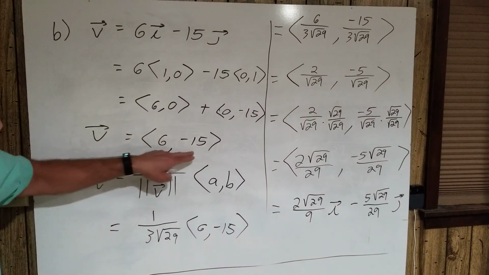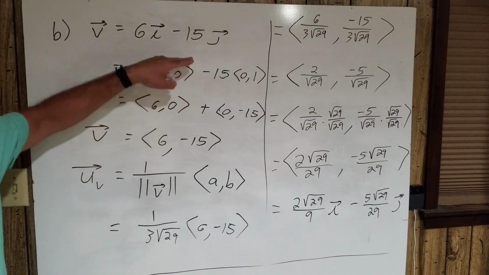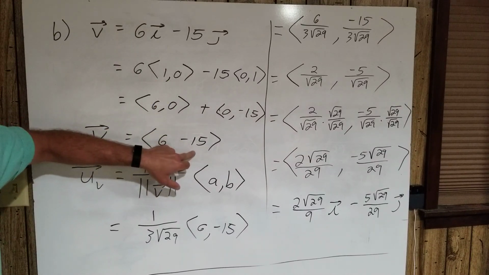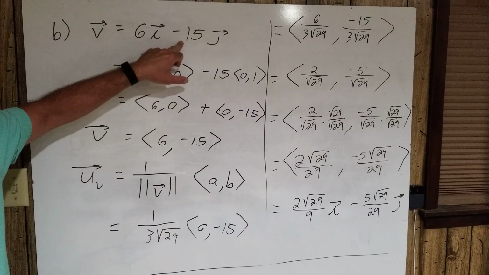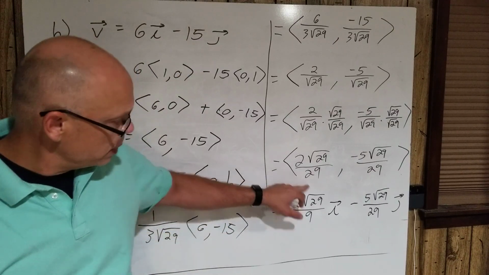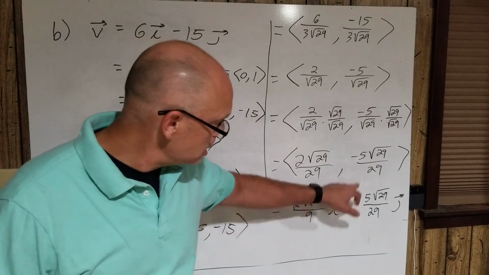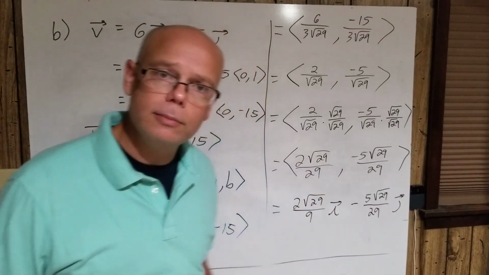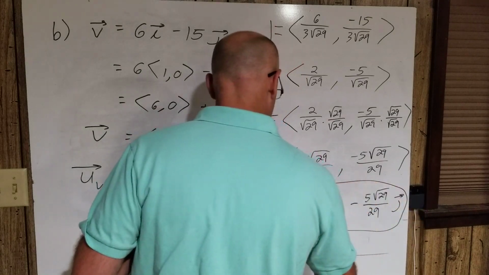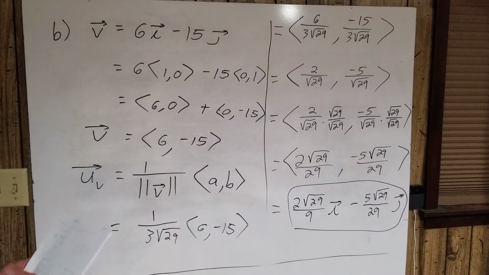So what if I started with this and went backwards? I would get to the first component times i plus the second component times j, right? Isn't that what I did here? First component times i plus the second component times j? Sure did. So here is my unit vector in the same direction as that vector.